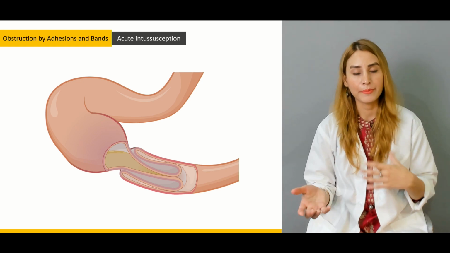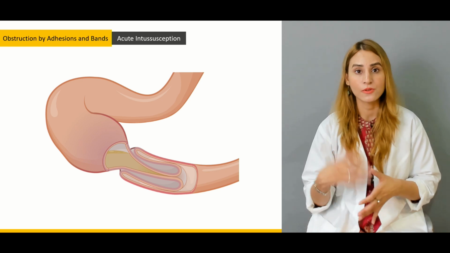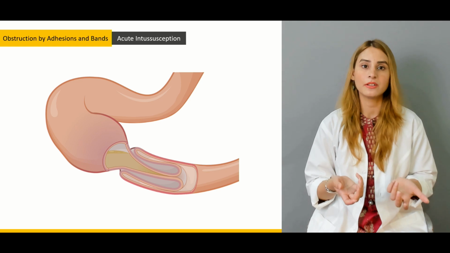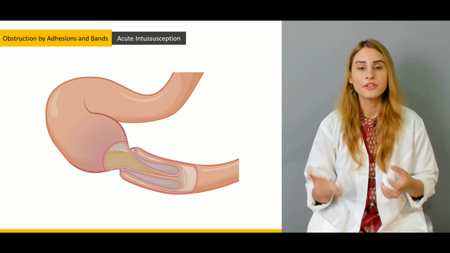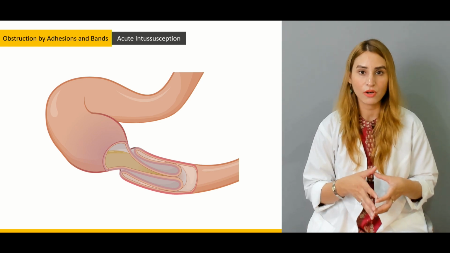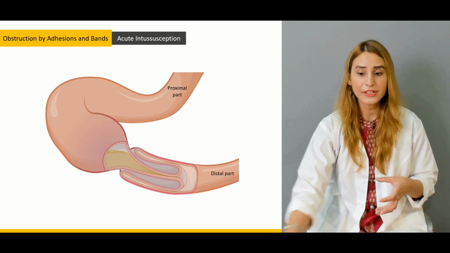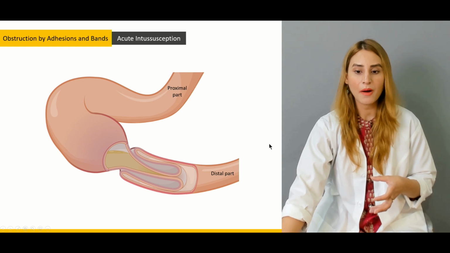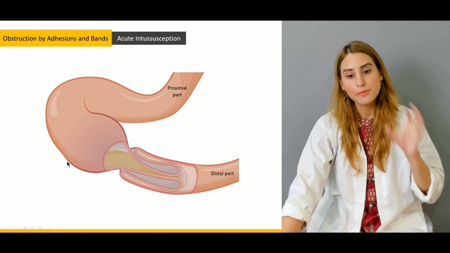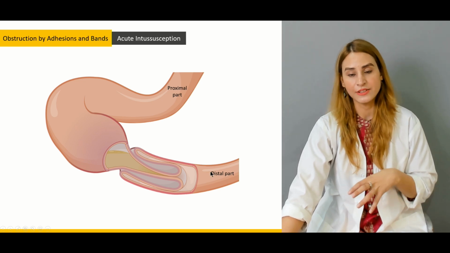And intussusception is a very common cause. If a child of 4 to 5 months comes to you with severe abdominal pain, you have to think about acute intestinal obstruction, because it is very common in children. You can see here there's the proximal part and the distal part, and most of the time the proximal part goes into the distal part.